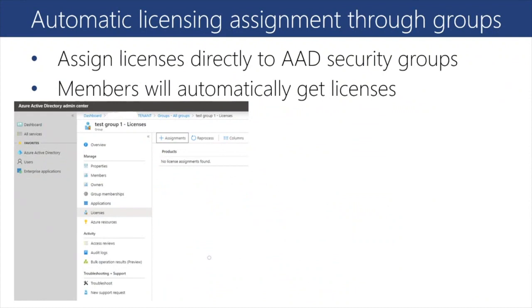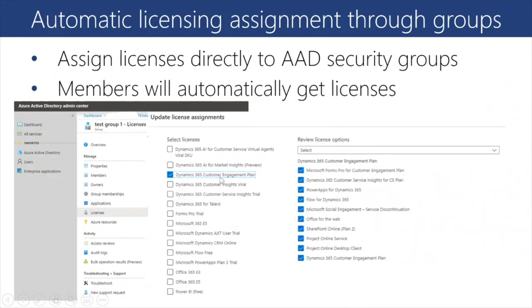Except using PowerShell, AD groups can also be used to assign licenses automatically. For this, the admin should navigate to AAD Admin Center and select the security group. And then basically, the admin can choose licenses and assign them to that particular group.